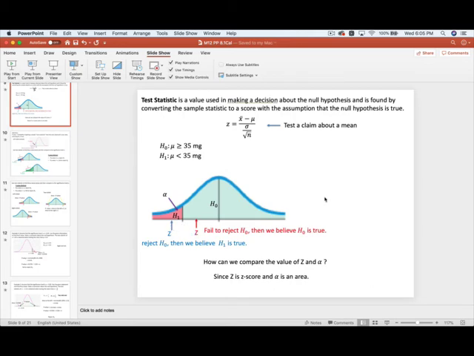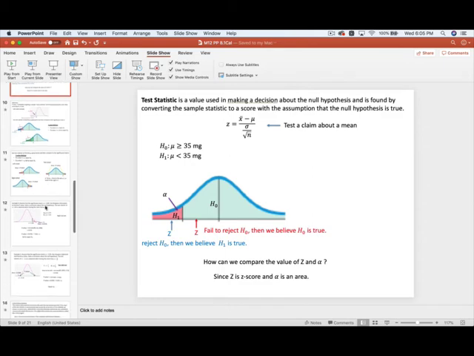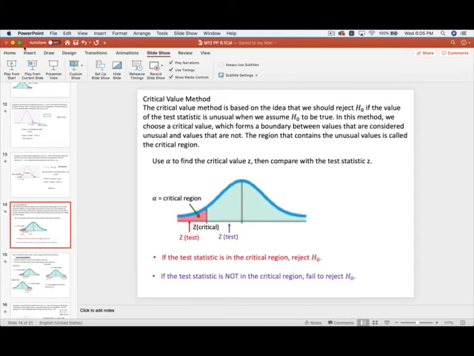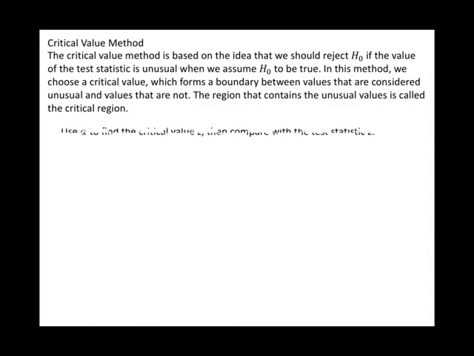This is exactly the same method, but we're just doing it the other way around. This time we use alpha to find the critical value and then compare with the test statistic.